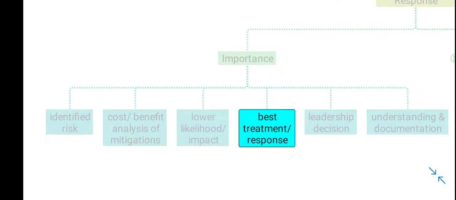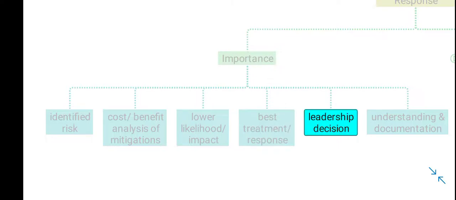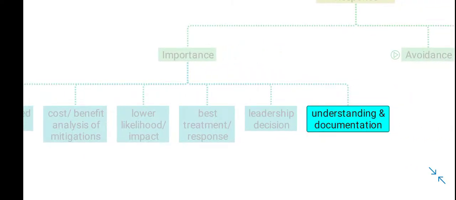And then the best treatment or responses are selected out of different strategies. And this is the overall leadership decision, and understanding of the entire risk and its documentation must be maintained.